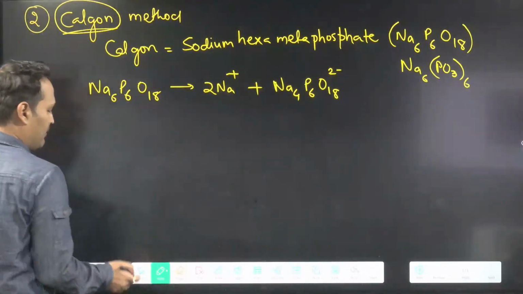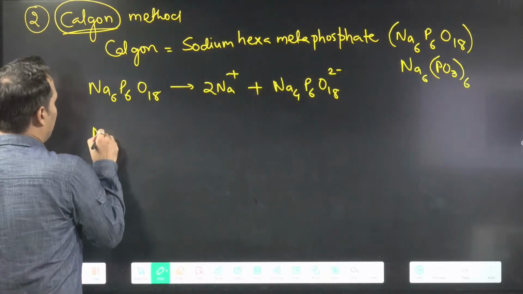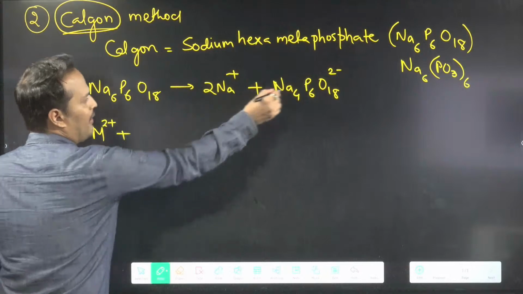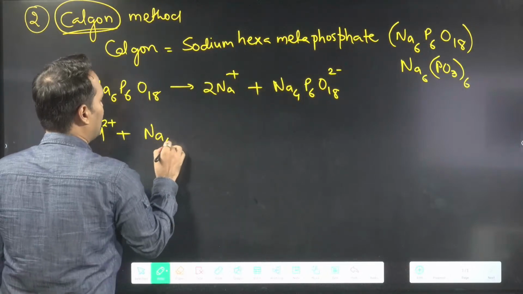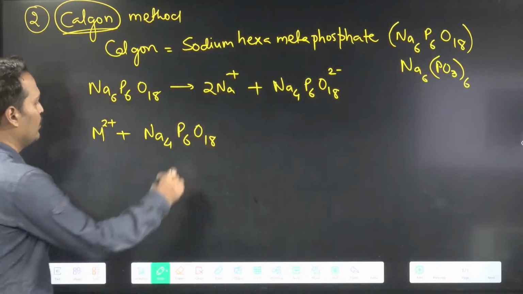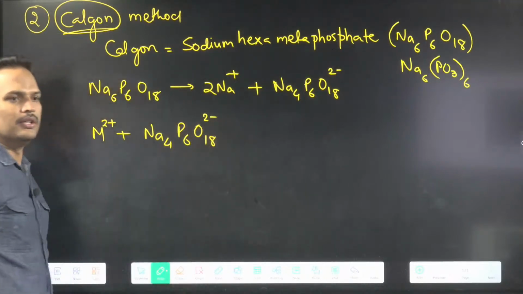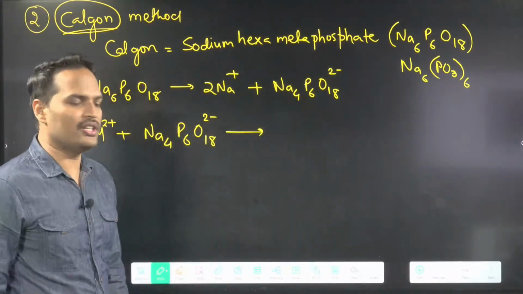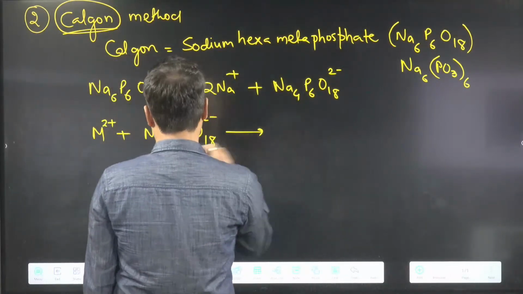Okay? What we are doing is, suppose there is M2+, that is your calcium or magnesium. I will use this Calgon part, Na4P6O18, with 2 minus. Now what will happen is I am making a complex coordination compound. You will find this complex.